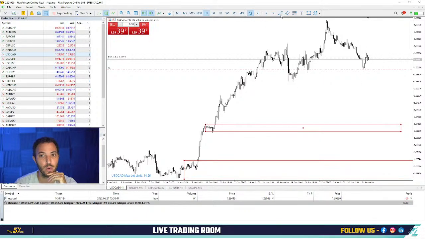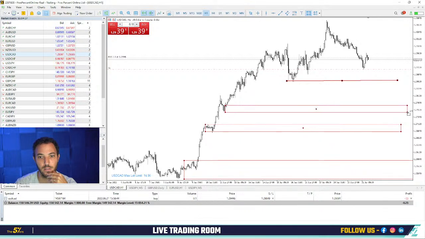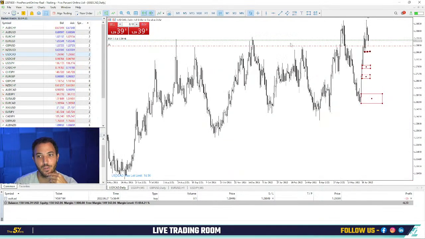We might go all the way to these levels here before we do the movement to the upside, and if we break that low, we might go all the way down to either these levels or those levels. So I'm waiting for that pullback.